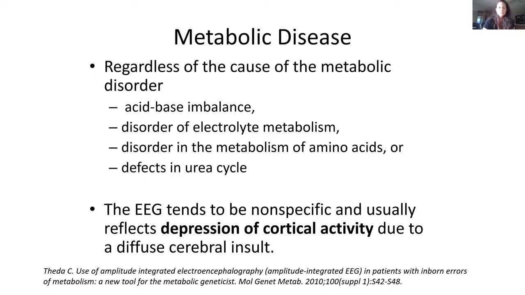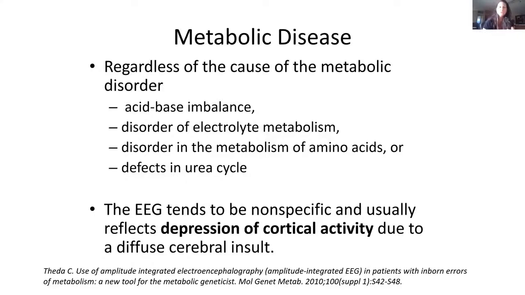And what she found in this paper, and it's a great review of looking at babies with inborn errors of metabolism, is that regardless of the cause of metabolic disorder, whether it's acid-base, electrolyte, amino acids, or urea cycle problems, it didn't really matter what the cause was, almost always caused a non-specific depression in cortical activity.